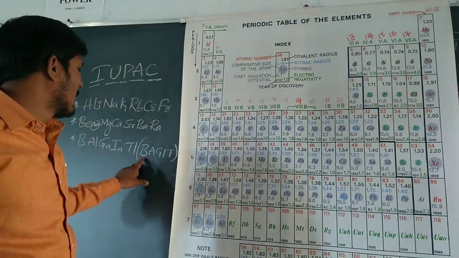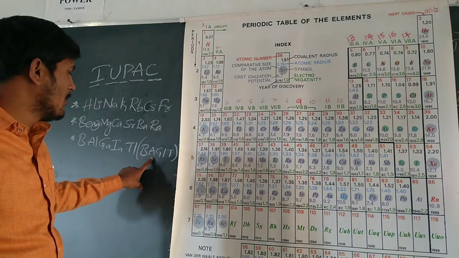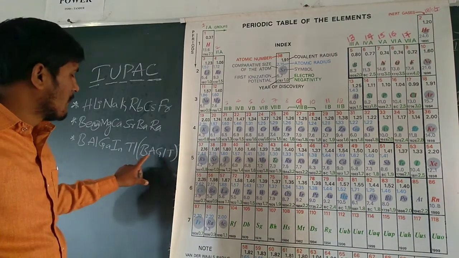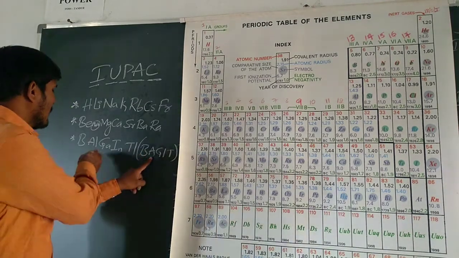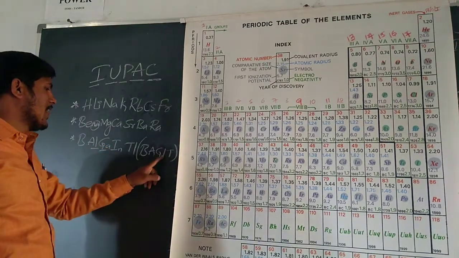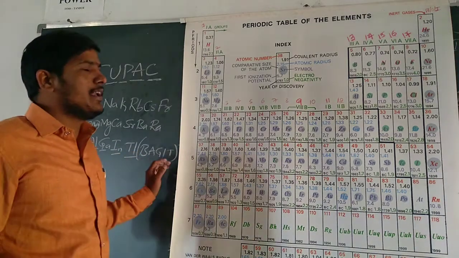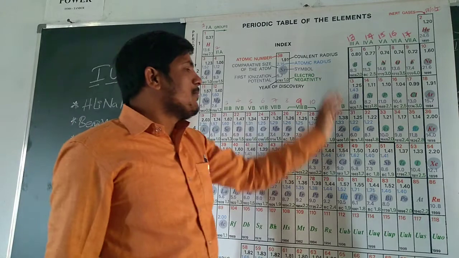B means boron, A means aluminium, G means gallium, I means indium, T means thallium. These are all the third A group elements.